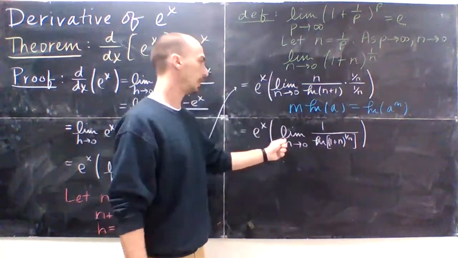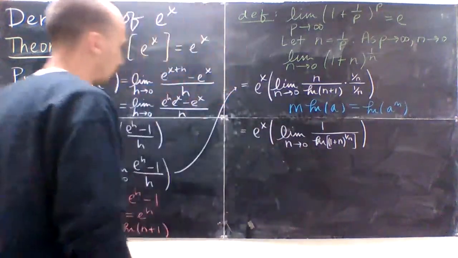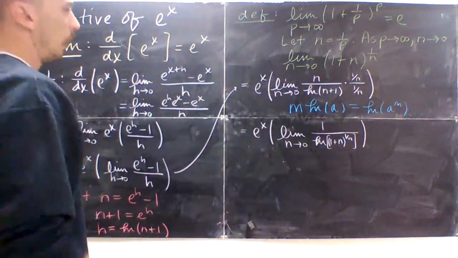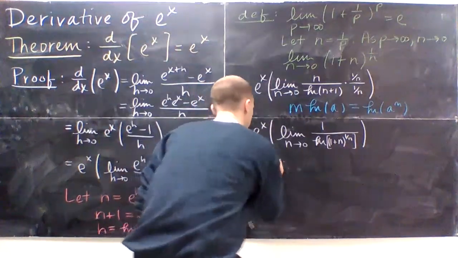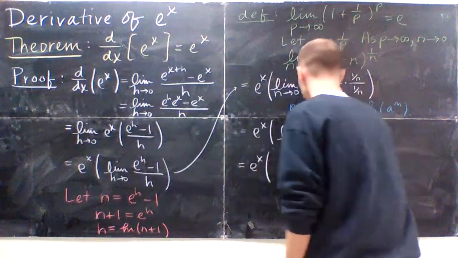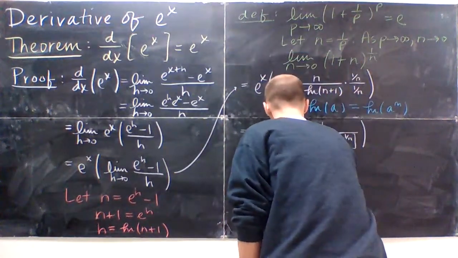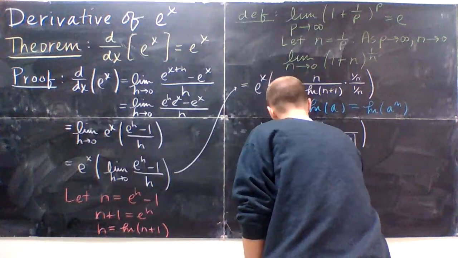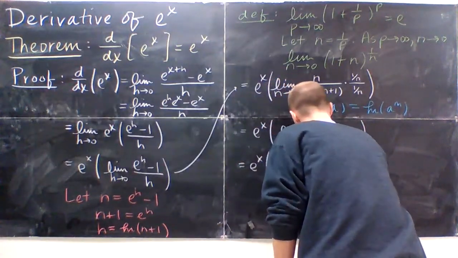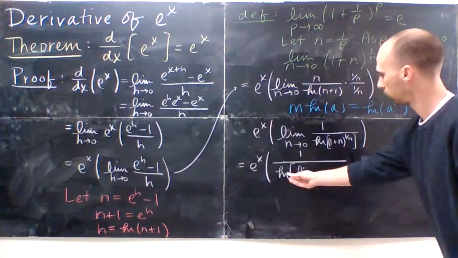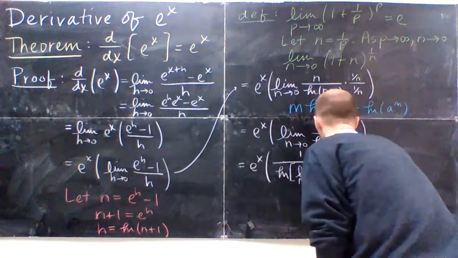So this limit is equal to 1 over the natural log of the limit of this. And so I'm just going to rewrite it. So I've passed the limit through the inside as the log of the limit as n goes to 0 of this.